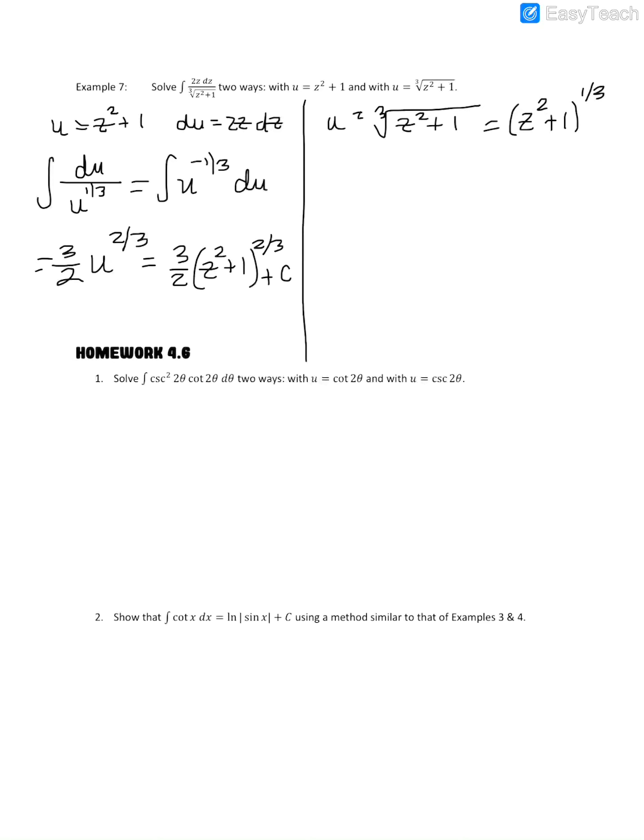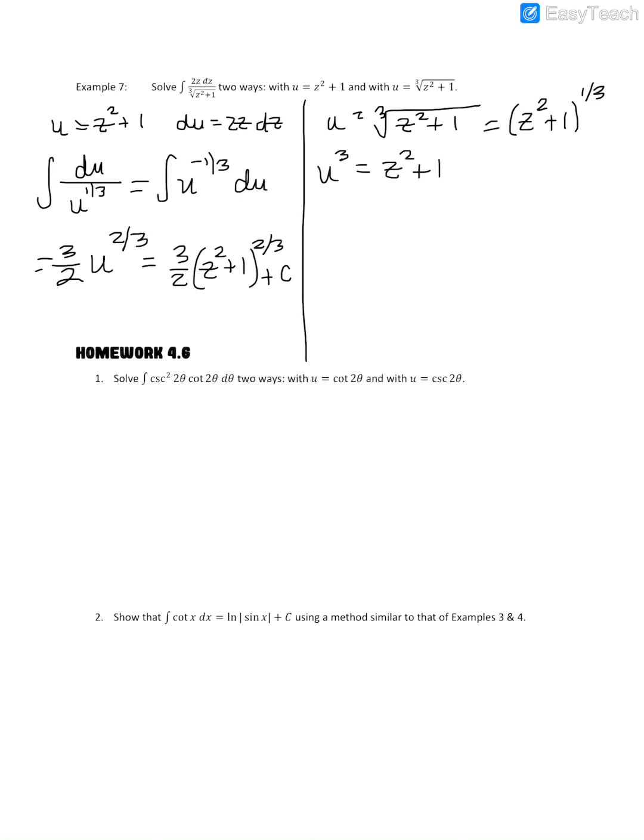The 1/3 would come down in front, I would minus 1, get negative 2/3 as my exponent, times by the derivative of the inside, 2z. Kind of a mess. So actually what I'm going to do is cube my u. If I cube my u, the cube root cancels and I get z squared plus 1.